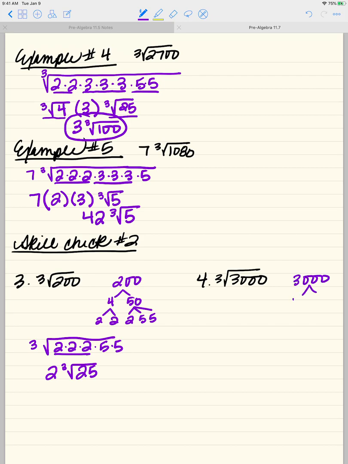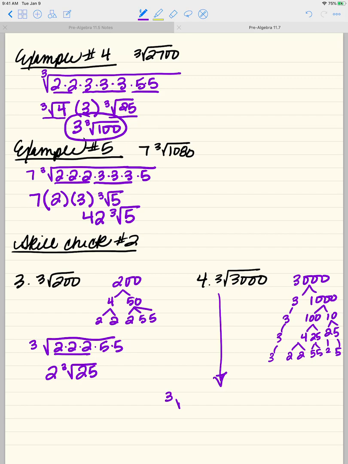3,000 over here, 3 times 1,000, 3, we've got 100 times 10, 2, 5. I am doing this really the long way. I shouldn't do it this long, but it's okay. 2 and 2, 5 and 5, 2 and 5. Yikes. Bring it down here, and we get the cube root of 2 cubed times 3 times 5 cubed.